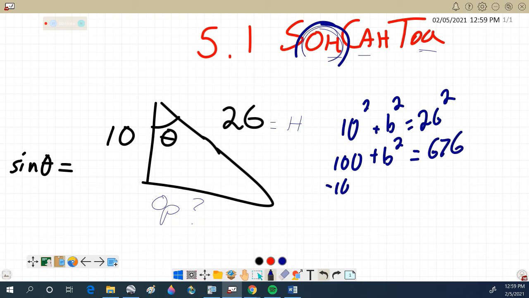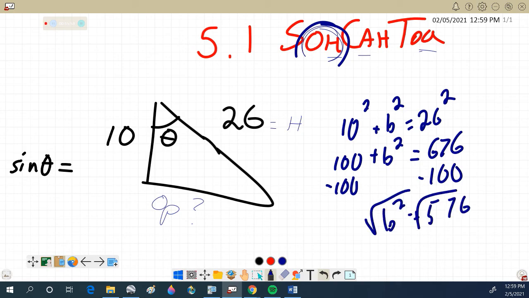So we subtract 100. We get b squared equals 576. Square root that, and I get 24. So what is the sine of theta? 24 over 26. I can take a 2 out of that, which is 12/13.